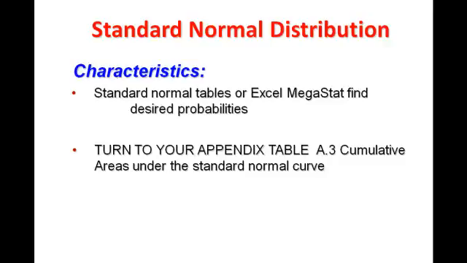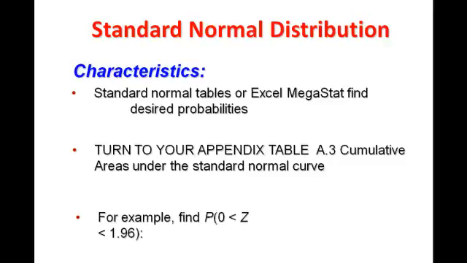I'm going to ask you for this case to turn to your appendix, table 3, or you can just look in the back flap of your book and you'll see the table that says cumulative areas under the standard normal curve. And it's in your appendix, it's labeled table A3.